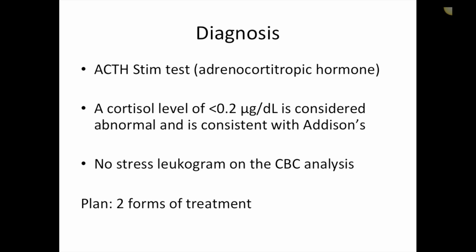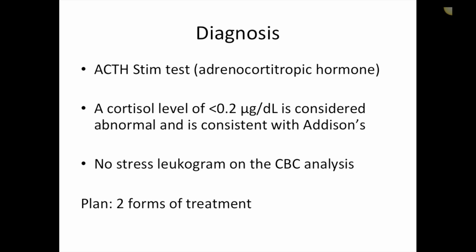So we ran an ACTH stim test to confirm that it is Addison's. What we would do is take a blood sample and run a resting cortisol level on that blood sample. Leia had 0. She had like -0. She had no cortisol at all. A cortisol level of less than 0.2 micrograms per deciliter is considered consistent with Addison's.